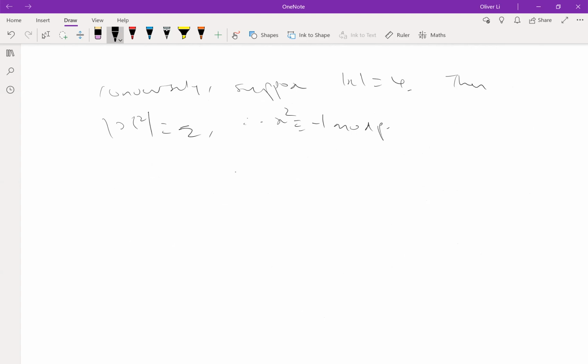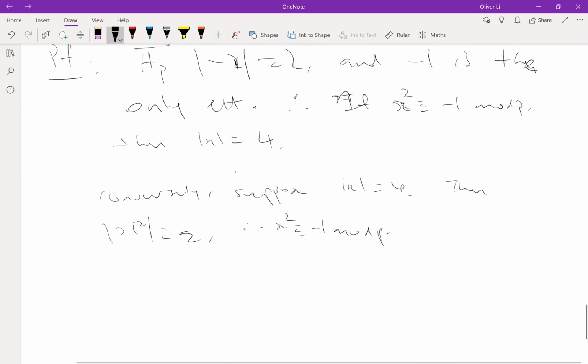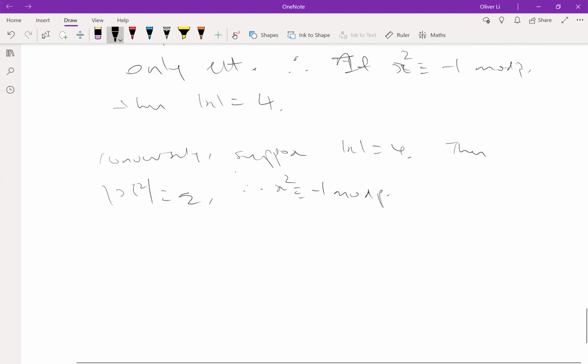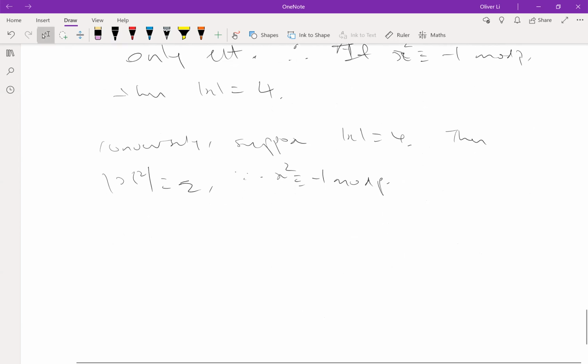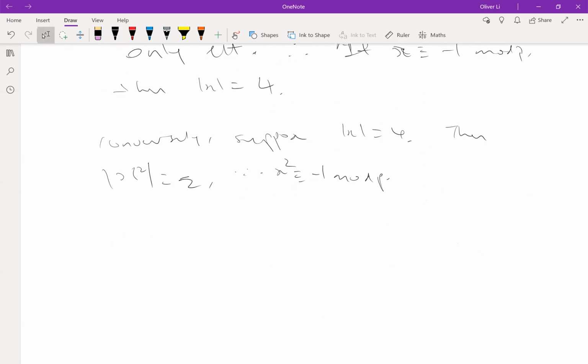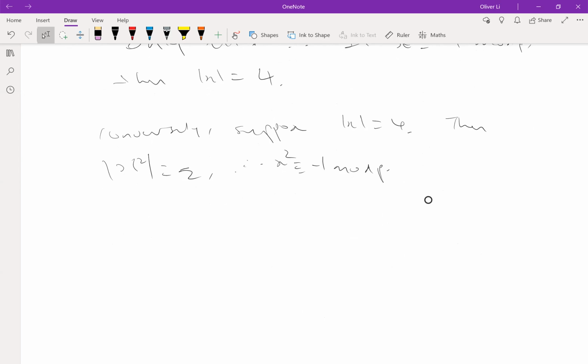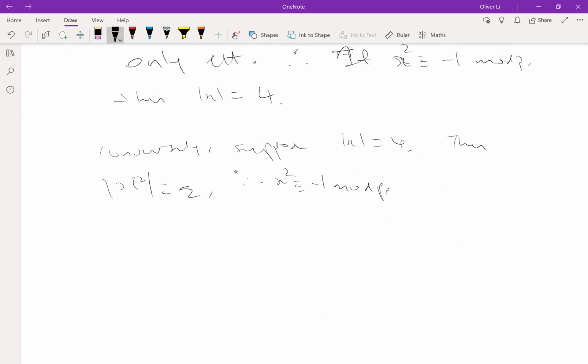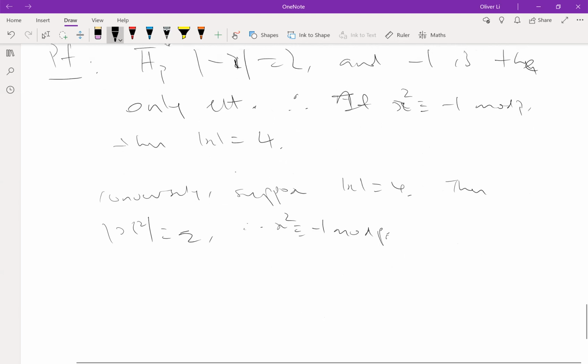Cool. So that's the theorem. Wait, what's it going to? Then this is equal to 4.